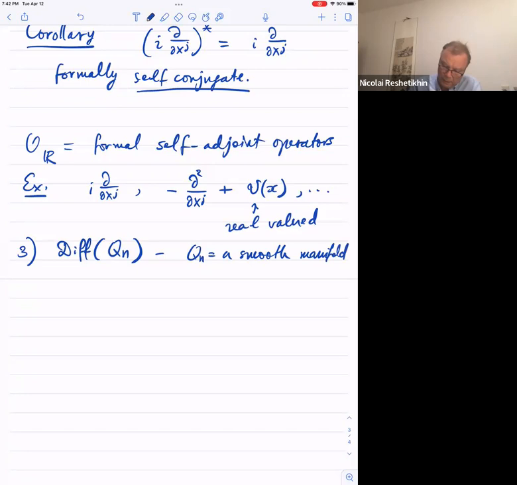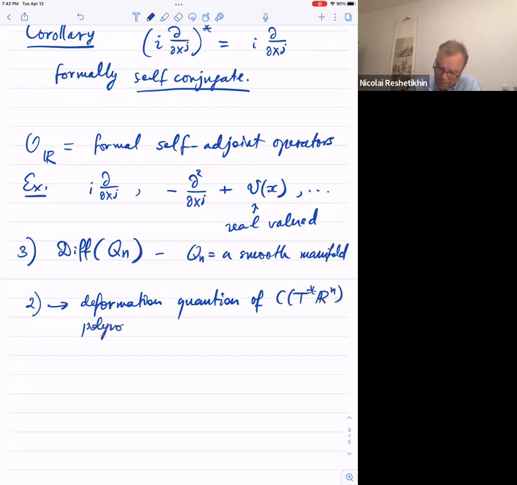And of course, 2 is a deformation quantization, which we discussed last time, of functions on T star Rn, which are polynomial in the cotangent directions.